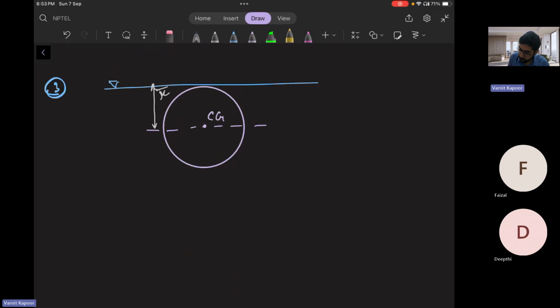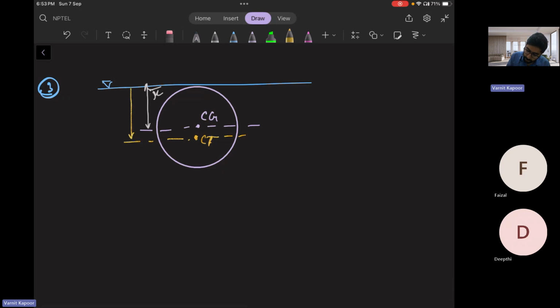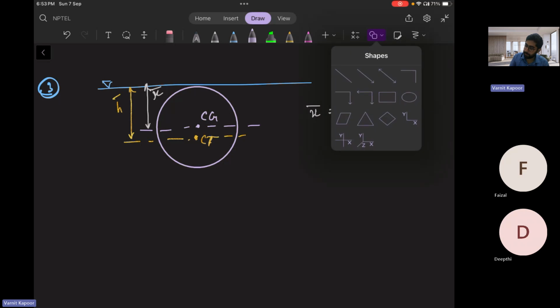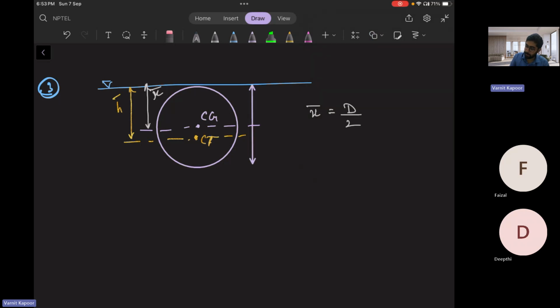Okay, and center of pressure will be somewhere here, h bar. So x bar will be D by 2 if the diameter of this plate is D, and h bar you can now find out by the expression, 5D by 8.